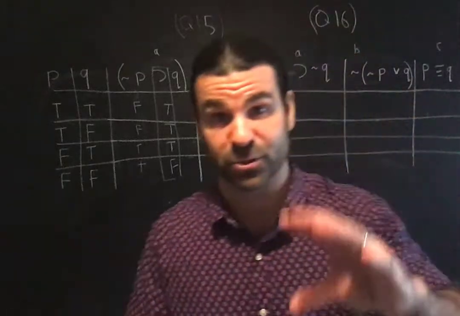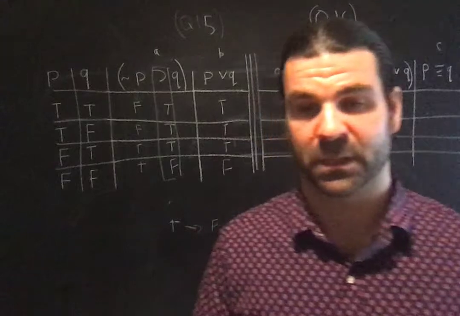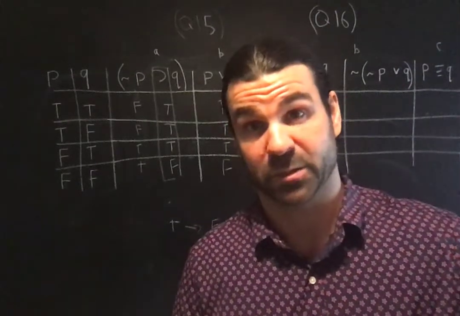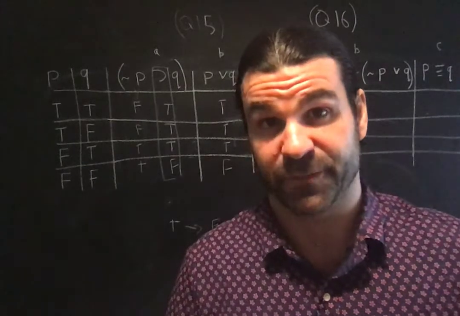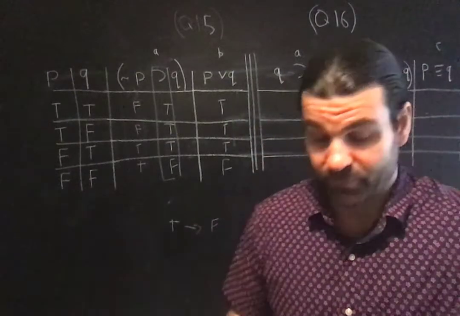That is equivalent to a row in the full truth table. But we use the short truth table method when it was impractical to do a full truth table, so if there's 5 or 6 variables, because you'd have too many rows.